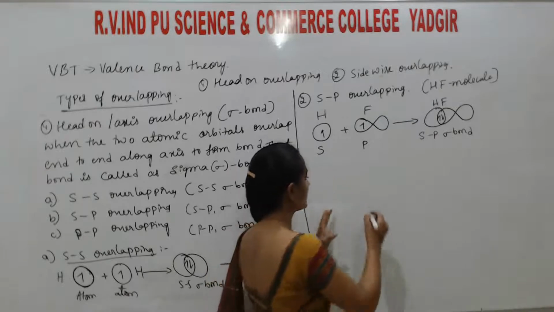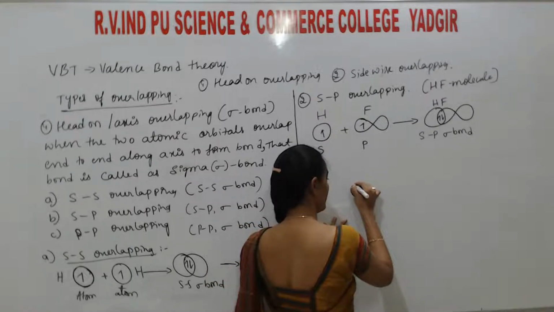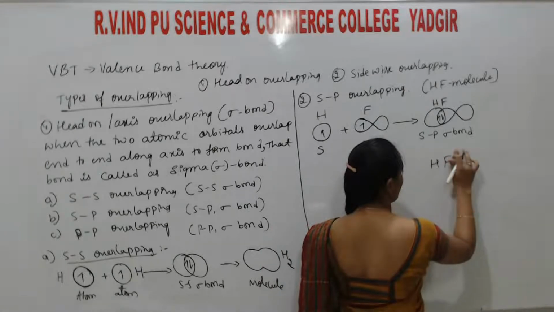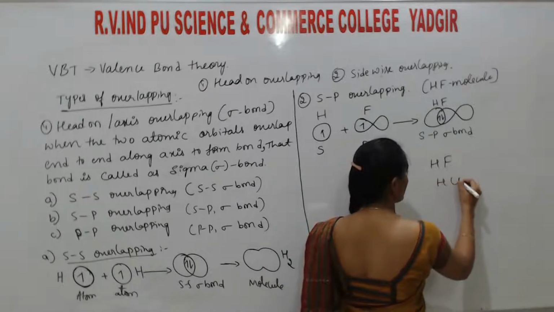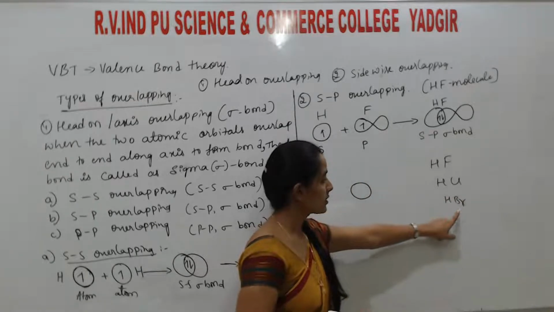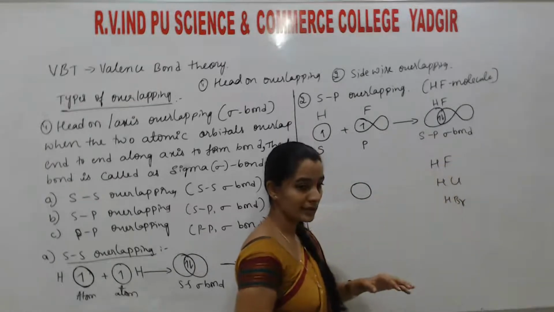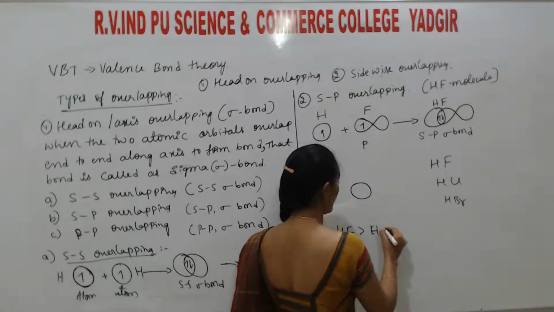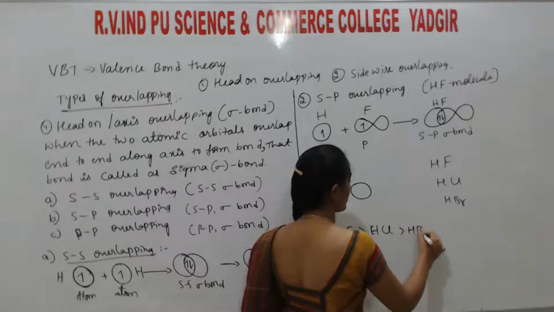Listen, if the s orbital is here, HF is there, HCl is there, HBr is there. If we consider the size, the bigger the size, the less the overlapping. So HF is a stronger bond than HCl, than HBr. Why?